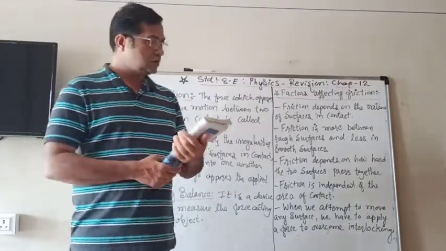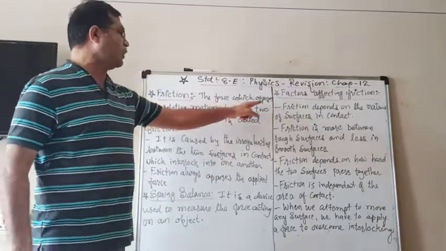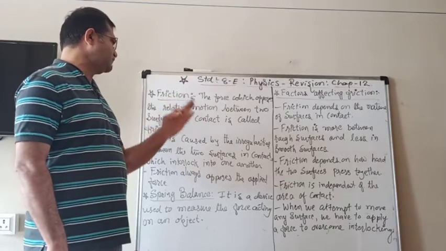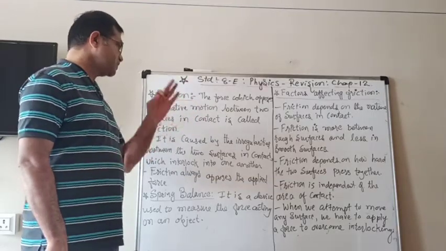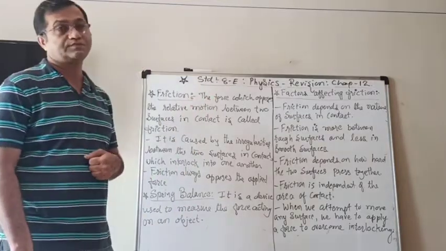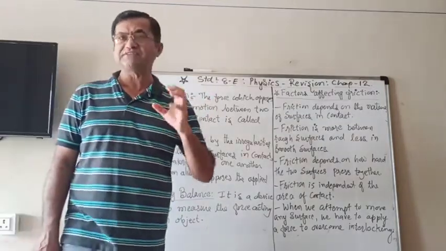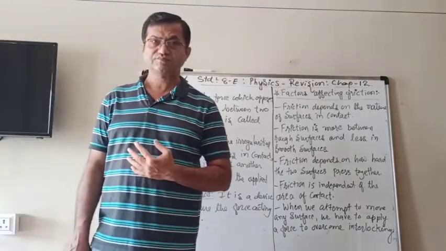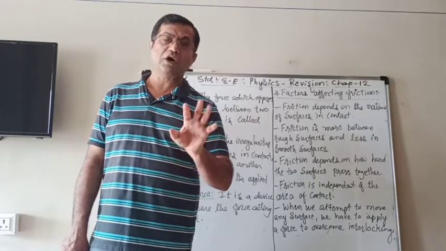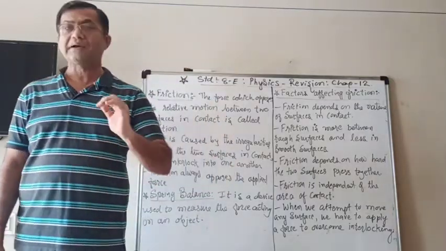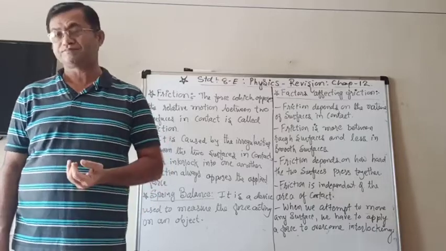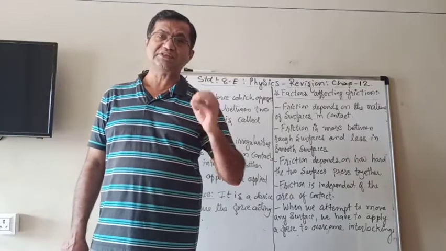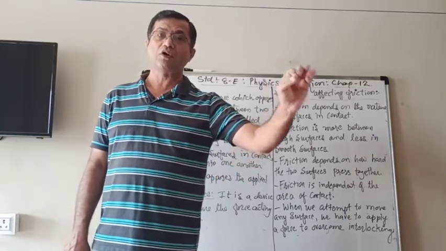It means the force which opposes the relative motion between two surfaces in contact is called friction. So when two surfaces are in contact and there is relative motion, meaning one of them or maybe both of them are moving on one another, in this situation this force of friction is there.